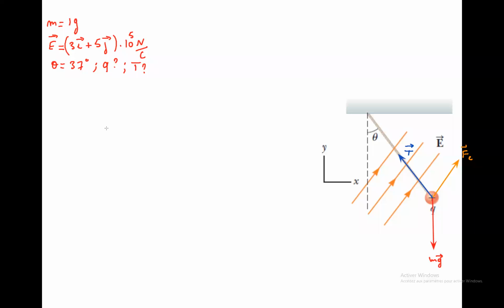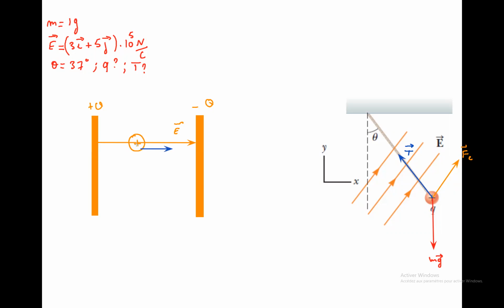Because we said before, if we have here positive and negative plates, here it's plus Q and here we have minus Q, the field created is in this direction. Here we have E. If we put in the field a positive charge, we get a F in this direction because the charge is positive.